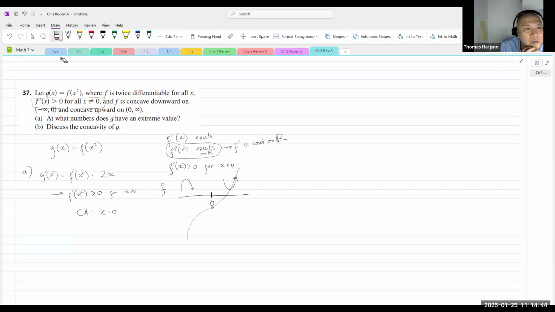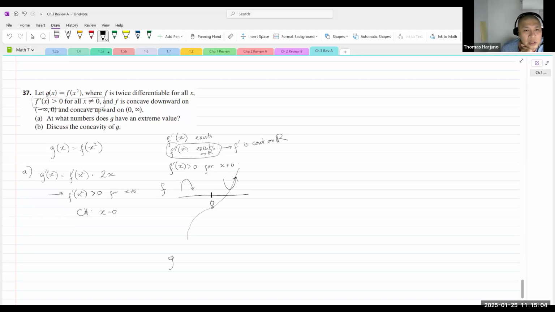Yeah, the thing is the first derivative is positive all the time. Oh, so when we have x squared, hold on. This is for f, right? Now notice then g, because that's x squared, it becomes an even function, huh?